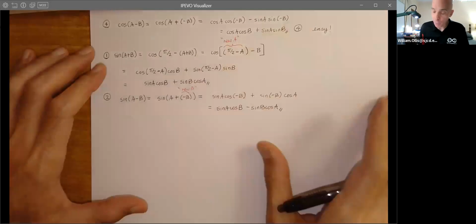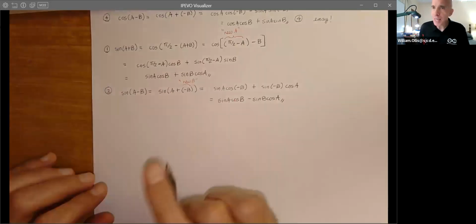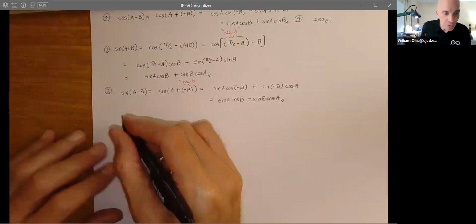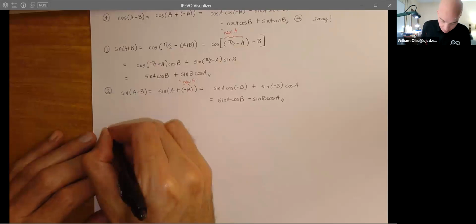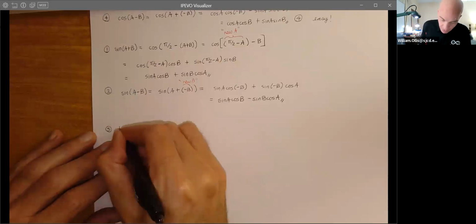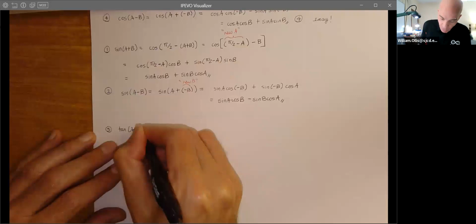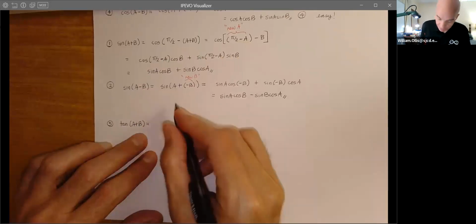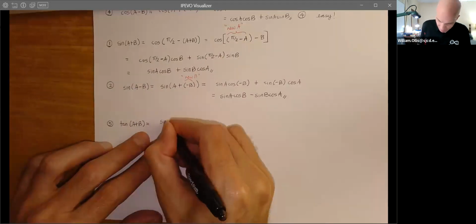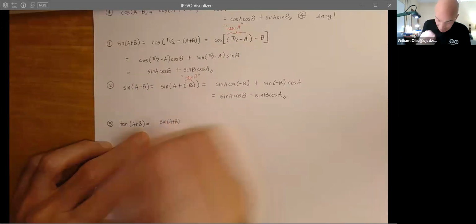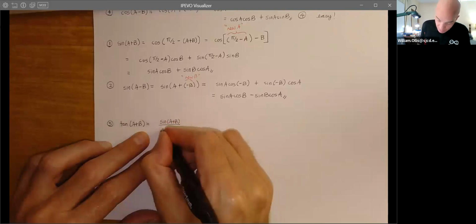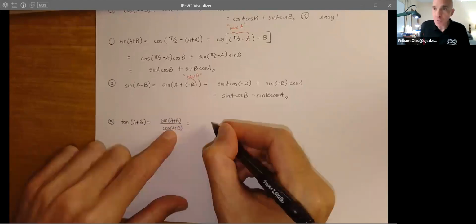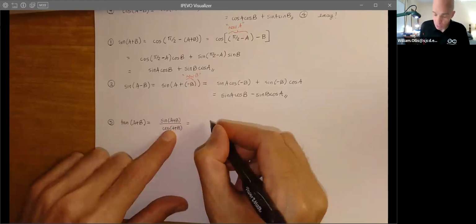the method of proof. Now, for the tangent and the sum and addition, let's just go ahead and knock those out. So this was what, number 5? So remember, tangent of A plus B, we're going to be real simple here because we don't want to work hard. We're just going to write this as sine over cosine. Sine of A plus B divided by cosine of A plus B. Now, of course, we know what these are based on the identities we just proved, and we'll just use a little bit of algebra.